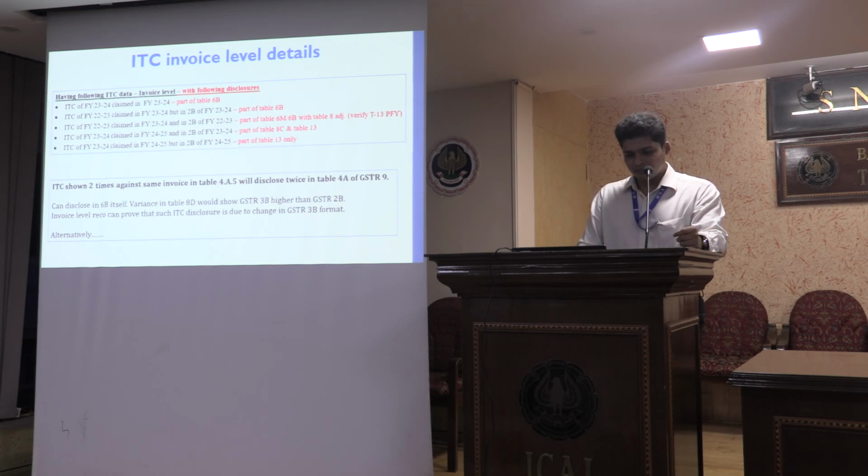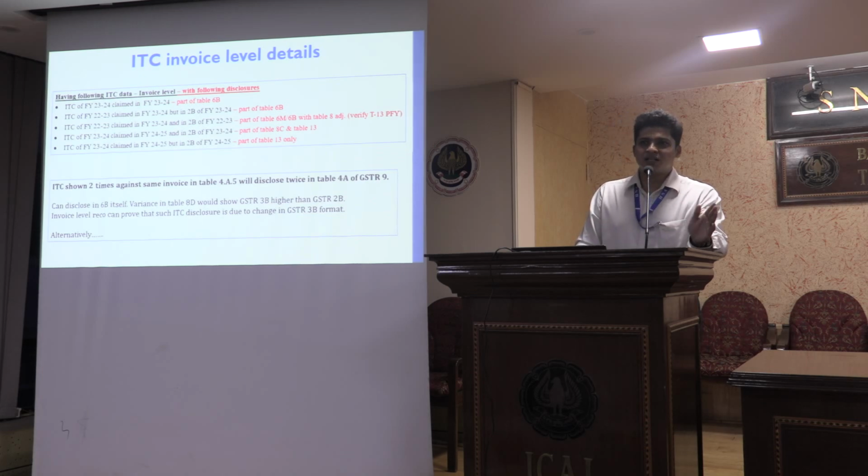This is eligible credit. Next, ITC of financial year 22-23, books of 22-23, claimed in returns of 23-24, arising in the GSTR 2B of 23-24. In this situation also it will form part of my 6B.